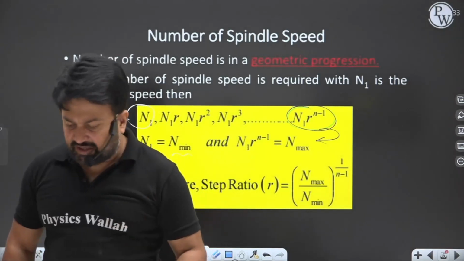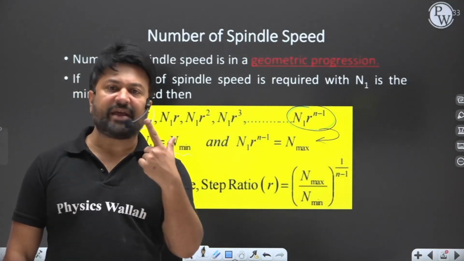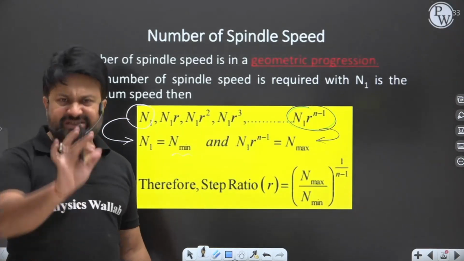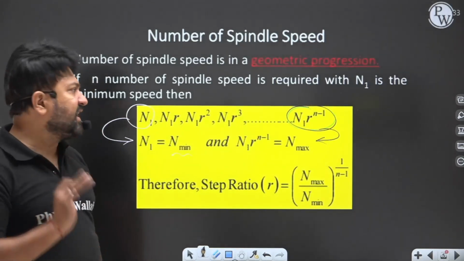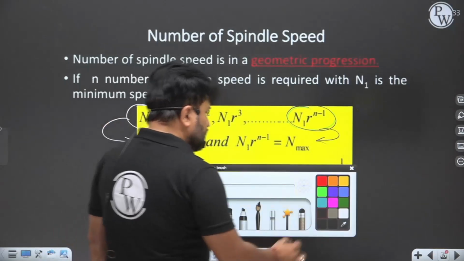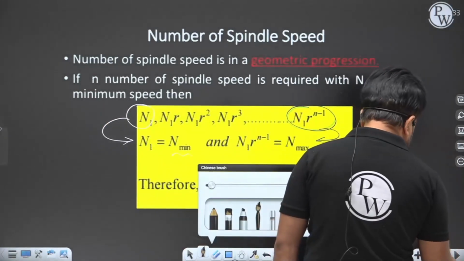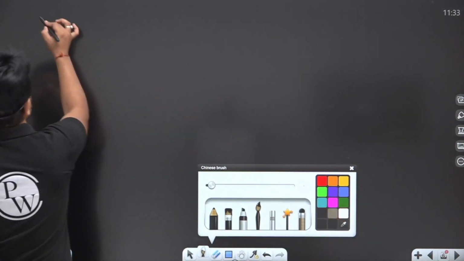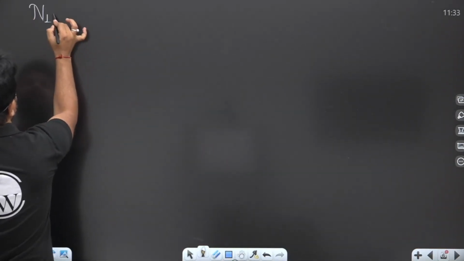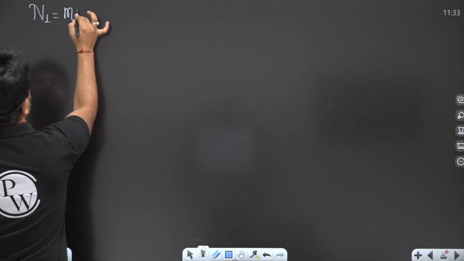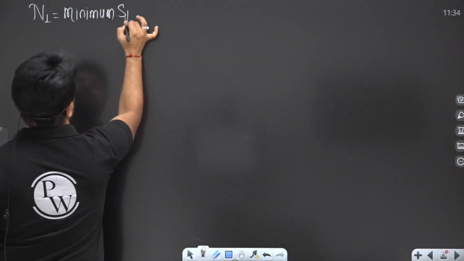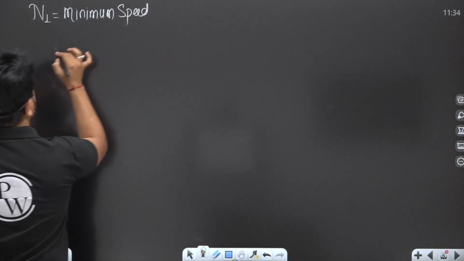The question is, how can you find the step ratio? Very easy, my dear. Before starting the machining, you have calculated the required minimum speed or minimum RPM, N1.